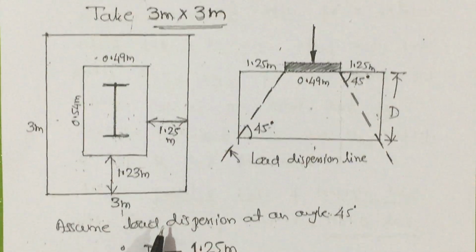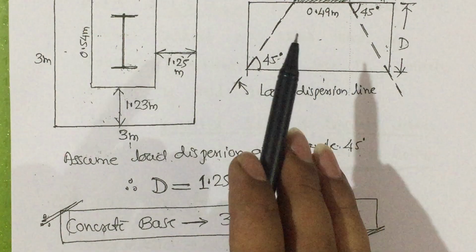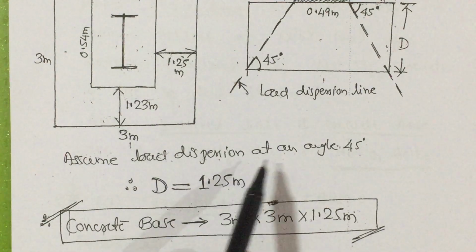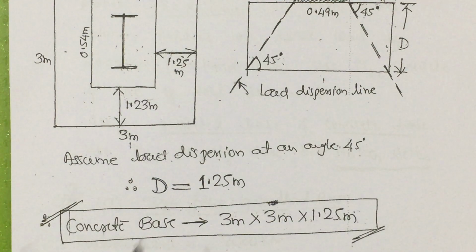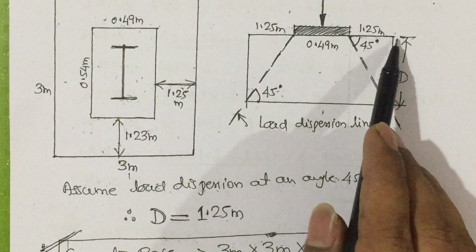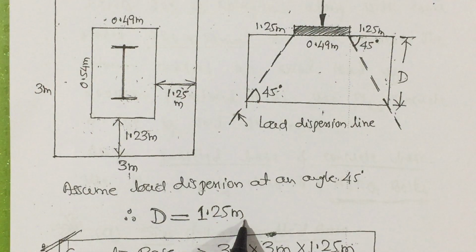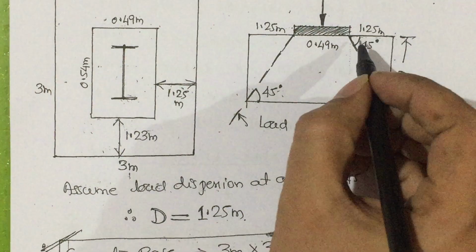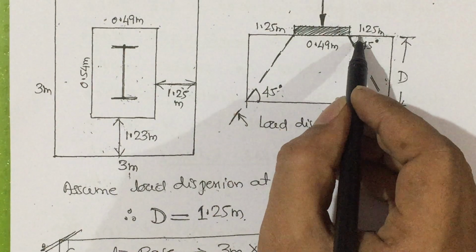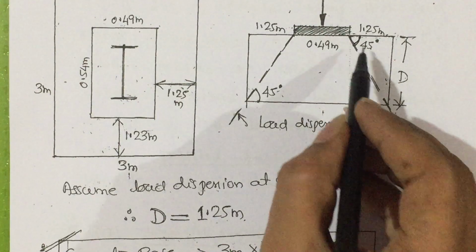Let us assume that the load is dispersing, that is, the entire load is going to act on the concrete base. The load is dispersing at an angle of 45 degree. Therefore, we are going to get this capital D depth equal to 1.25 meter. How? Here we are going to form a right angle triangle. This angle is 45, and this side is 1.25.